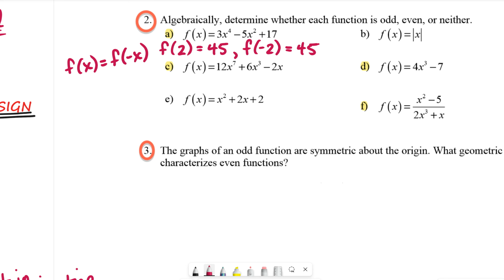And because they are the same, I can categorize this as an even function. That's what you do to be able to prove that.